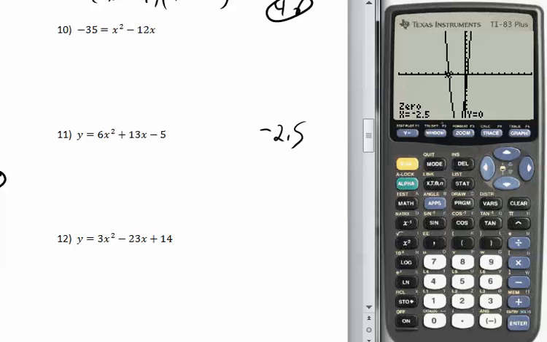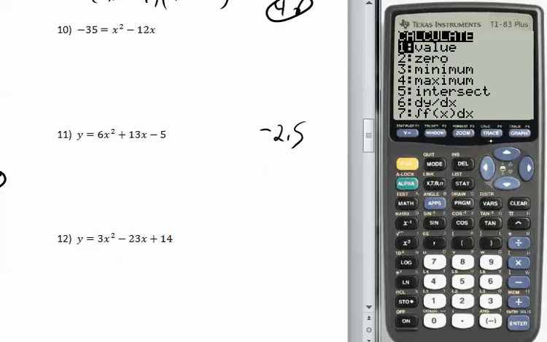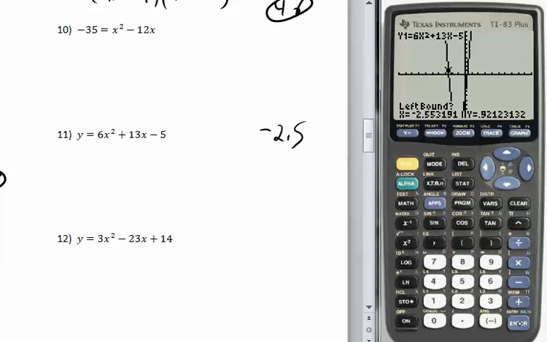And then I have to find the other one. So I can go into y equals, calculate 0. Again, the only tricky thing about this is figuring out this left bound and right bound thing. So I want this 0, so I want something in here. So I'm going to do -1 again. I can tell that that's between.